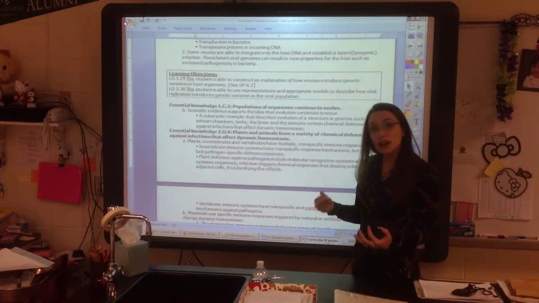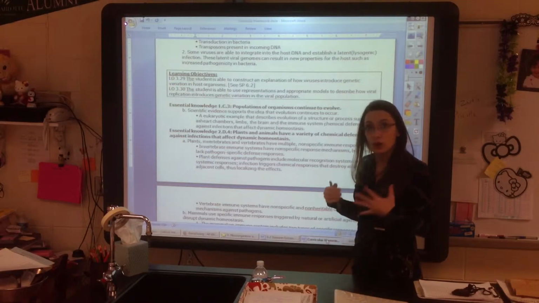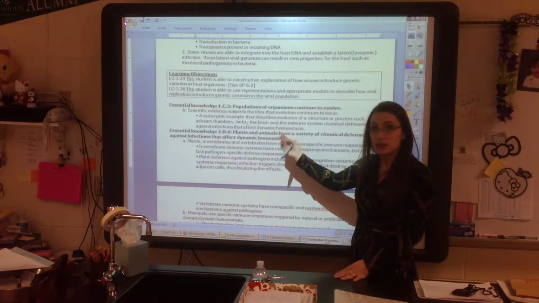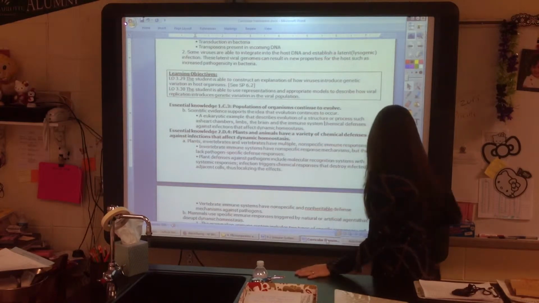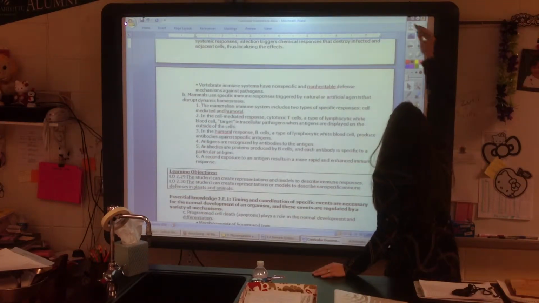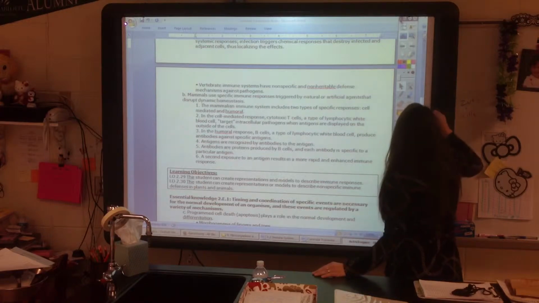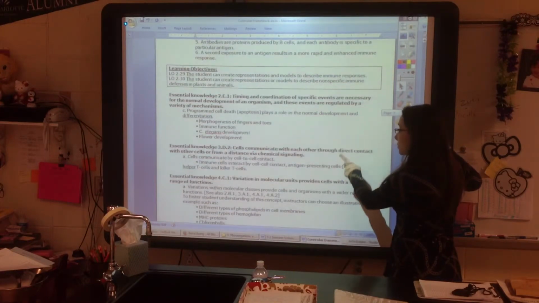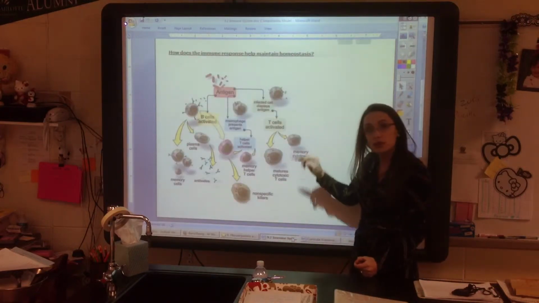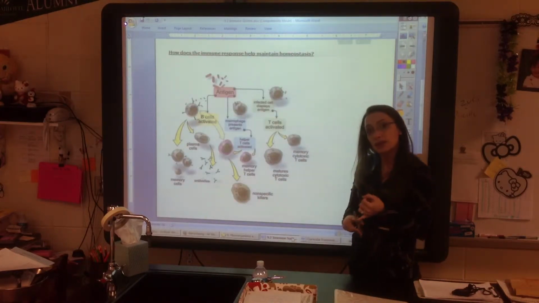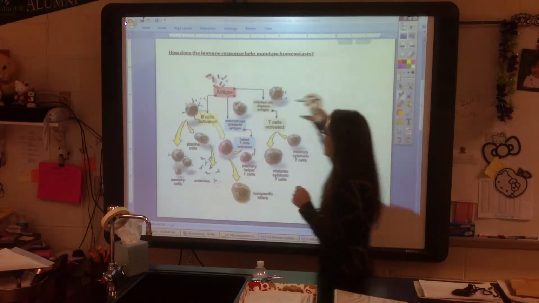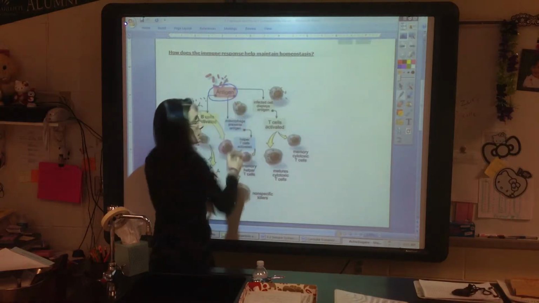So having a variety of ways to defend your body, your organism, is a way to maintain homeostasis in a changing environment. Looking at the rest of the curriculum, we're also looking at the idea that we have cell communication and cell signaling. So we're focusing on how the immune system can maintain homeostasis and how cell signaling is a big part of that. All of this hinges on the idea of an antigen.